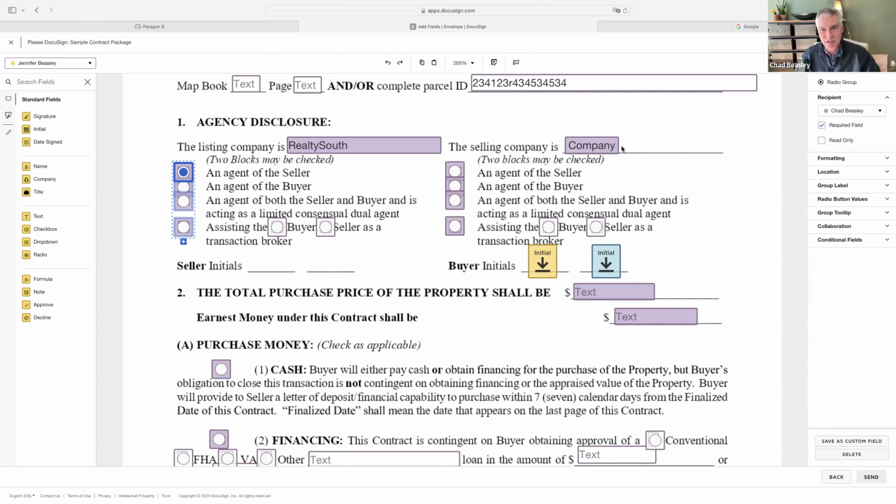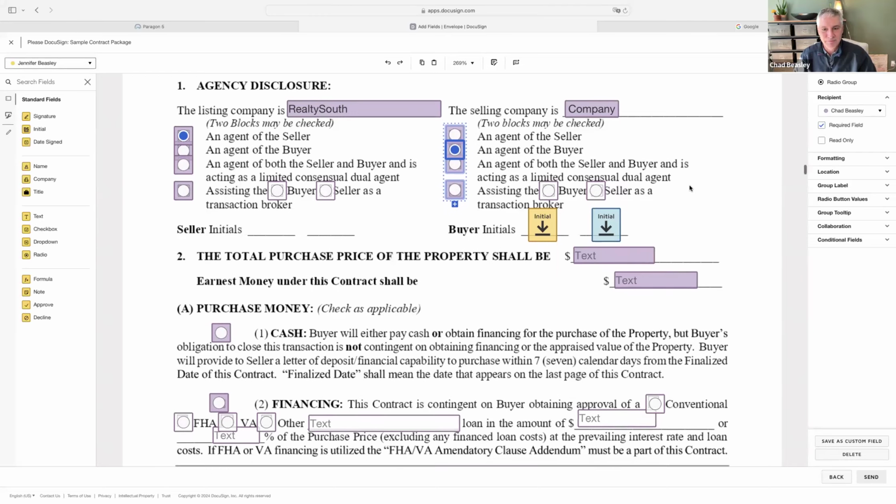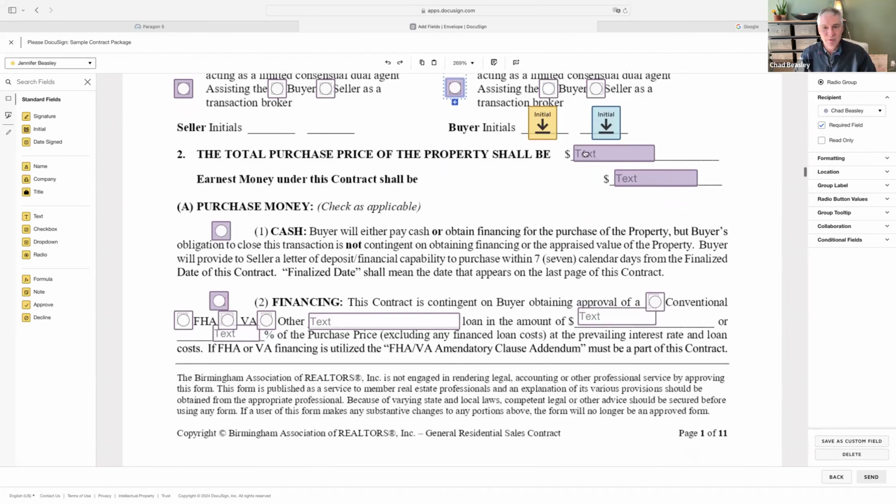If not, you would just place your field in there and put EXP Realty LLC. And we're acting as an agent of the buyer. And then this gets missed a lot because it's kind of hard to see in here for whatever reason, but you're always going to want to get that initialed right there. They're initialing that, acknowledging who's representing who in the transaction, that EXP is representing the buyer, Realty South's representing the seller.